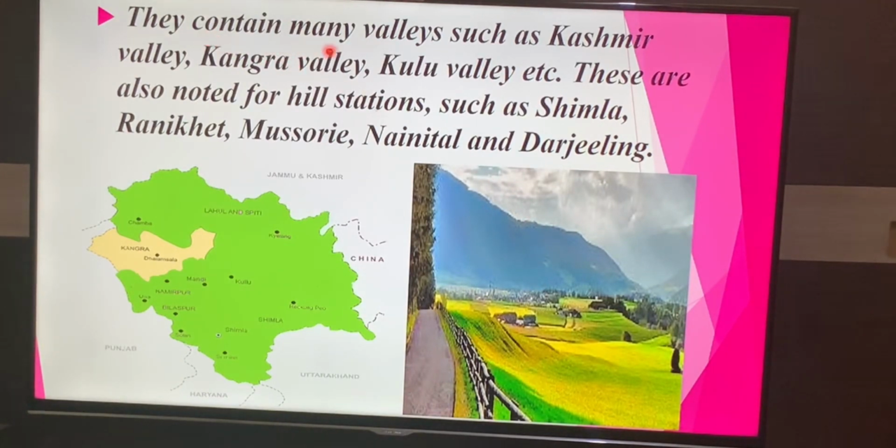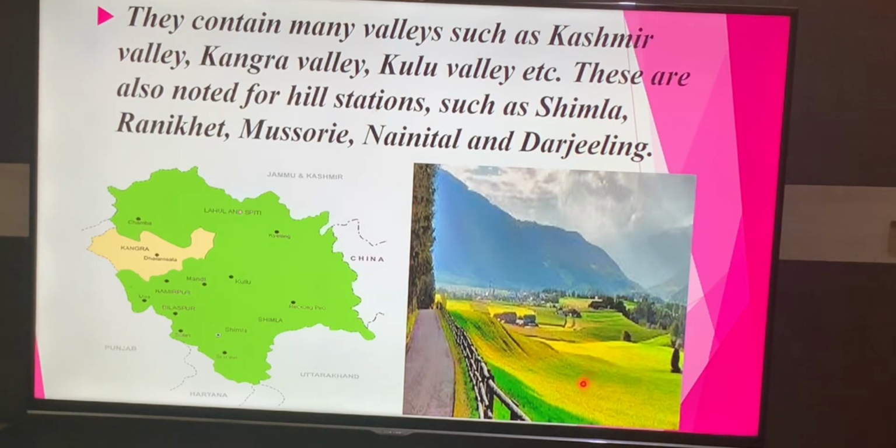They contain many valleys such as Kashmir Valley, Kangra Valley, Kulu Valley. These are also noted for hill stations such as Shimla, Mussoorie, Nainital, Darjeeling.